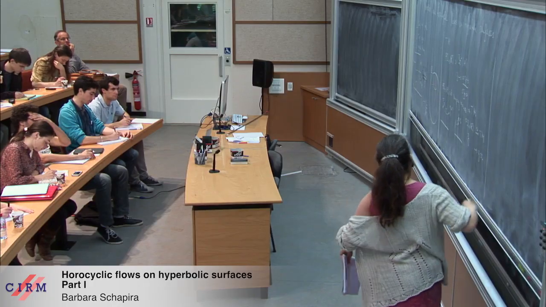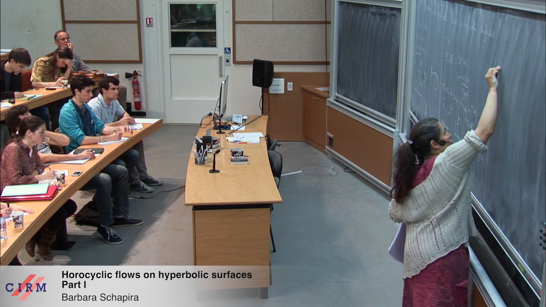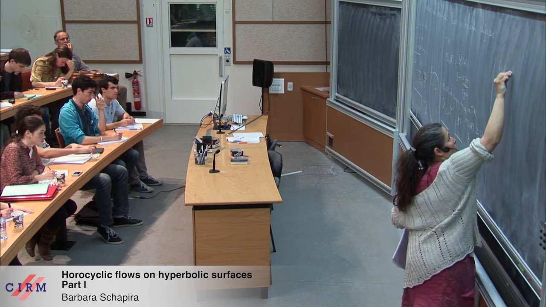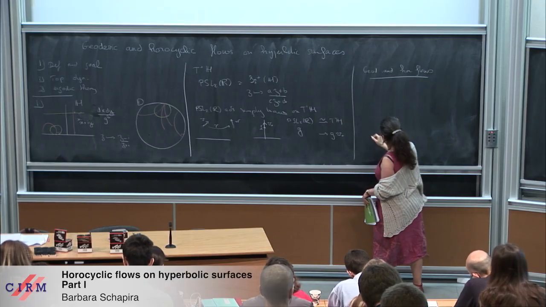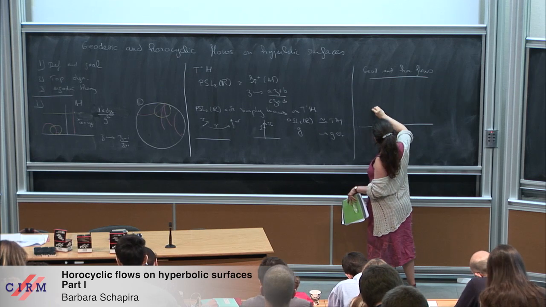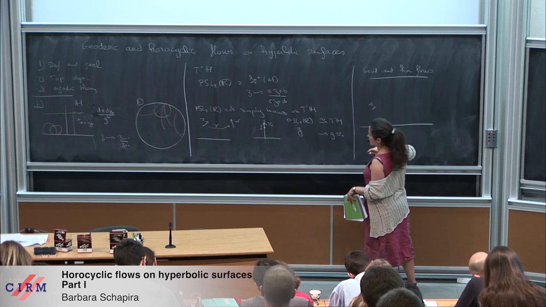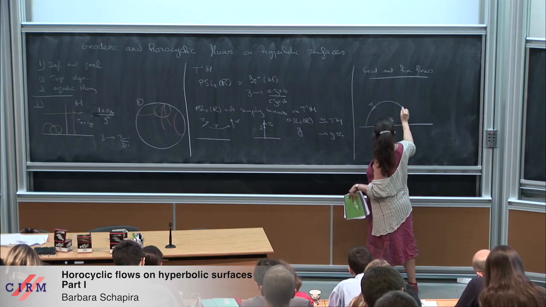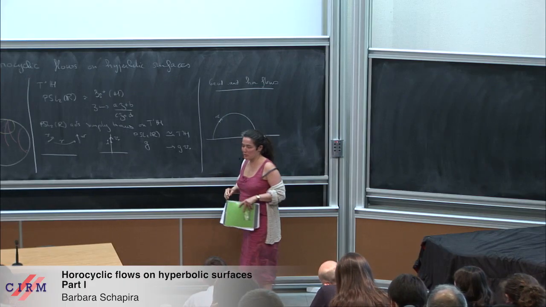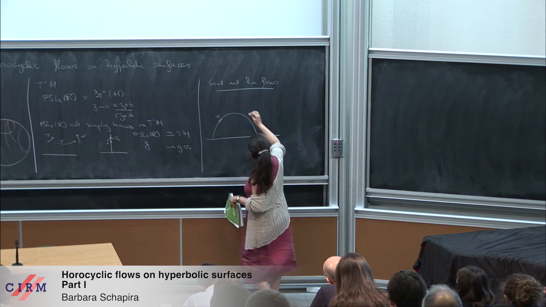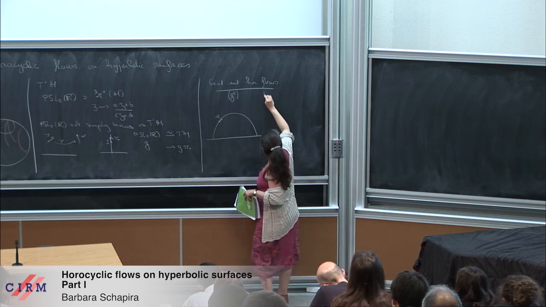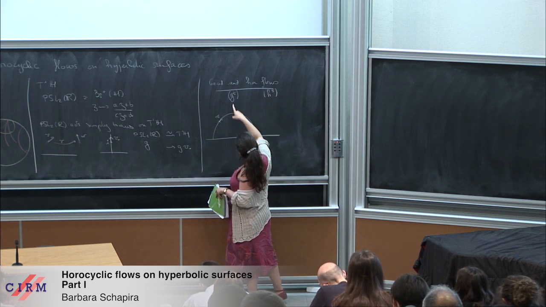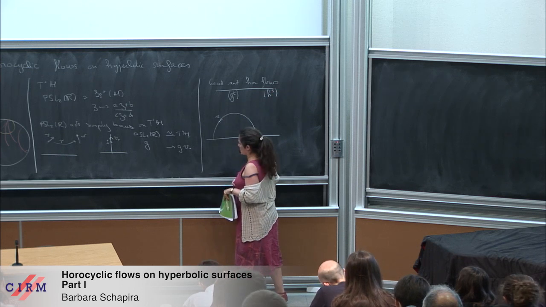And now I will speak about geodesic and horocycle flows. Take a vector V and consider the geodesic that it defines. I have two flows, so I will not call it phi, but g for geodesic and h for horocycle. The geodesic flow moves the vectors along the geodesic that it defines.